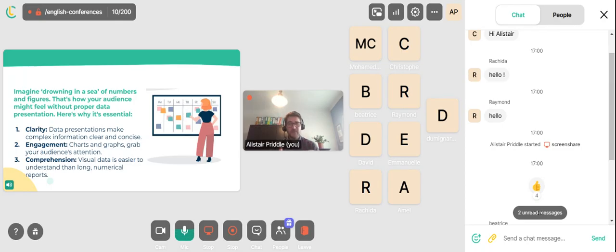Charts and graphs grab your audience's attention. And number 3, comprehension. Visual data is easier to understand than long numerical reports.